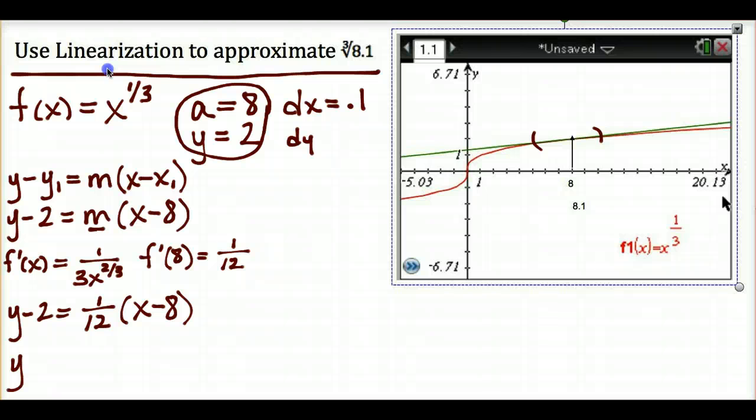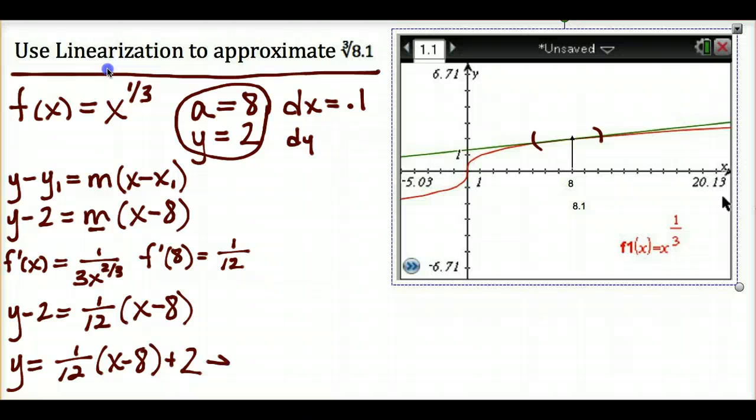So I'm going to get y alone here by adding 2 to both sides. And that is the equation of that green line up there. What we want to know now is what happens if I plug in 8.1 into that equation. We will get the value of the green line when x is 8.1, which is so incredibly close to the red line that that's where our good approximation is going to come from.